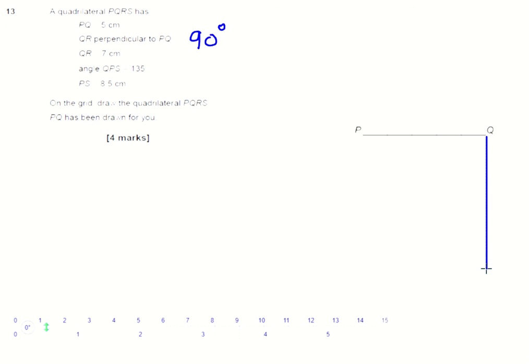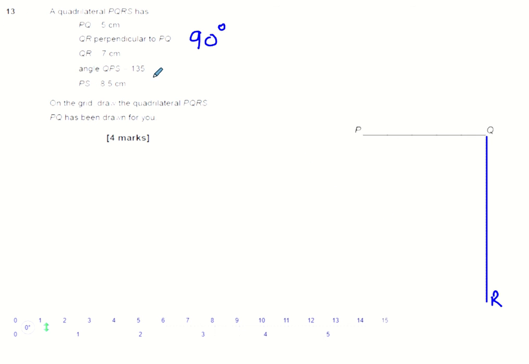And now we need to make sure we make this the right length. We are also told that QR is equal to 7 centimeters, which means since this is a centimeter grid, we have to go down 7 squares. We are now at this position here with 7 squares. That is the point R.